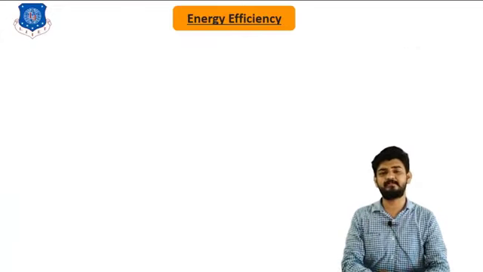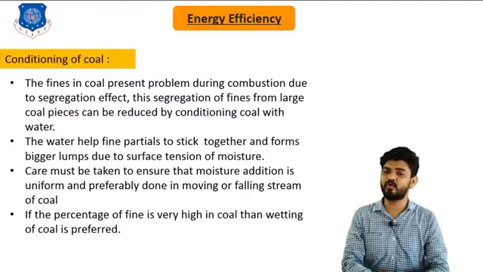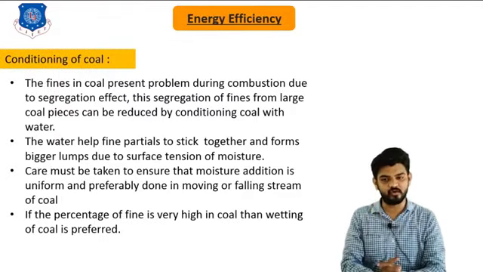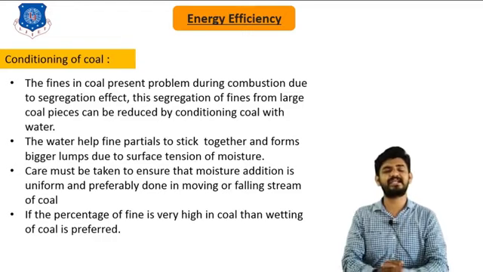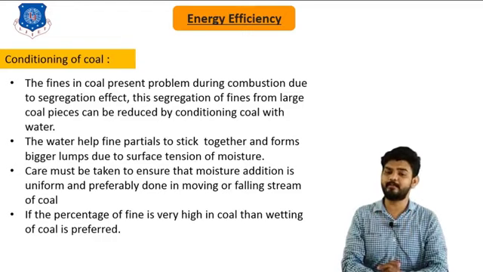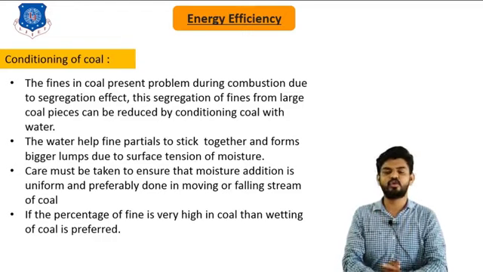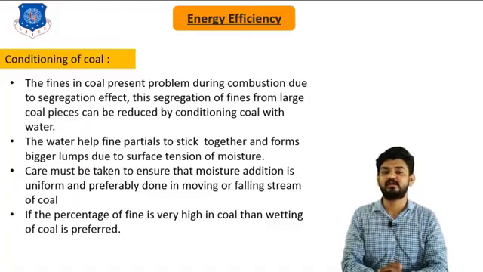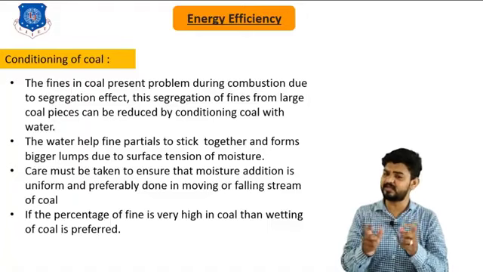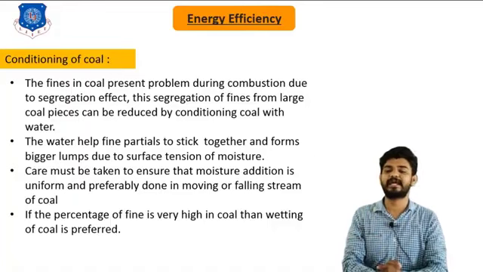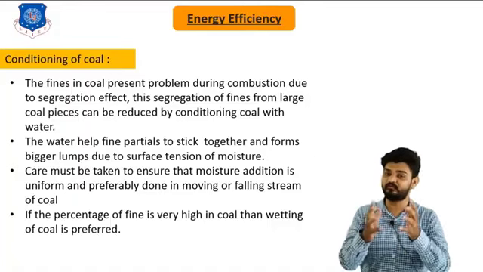The next step in the preparation of coal is the conditioning of coal. The fines present in the coal cause problems during combustion due to the segregation effect. This segregation of fines from large coal pieces can be reduced by conditioning of coal.